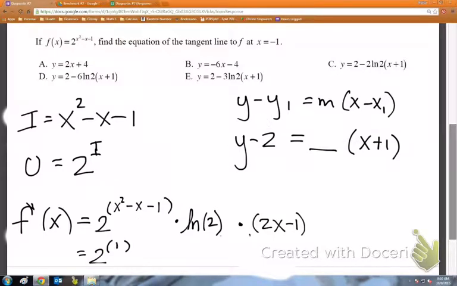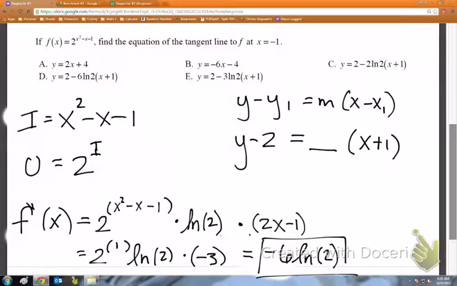Times ln of 2 times, if I plug in negative 1 here, I get negative 2 minus 1, that's negative 3. So my derivative is equal to, this is 2 to the first power, that's just 2. So it's 2 times negative 3, that's negative 6, ln of 2. So that is my slope at the point x equals negative 1.